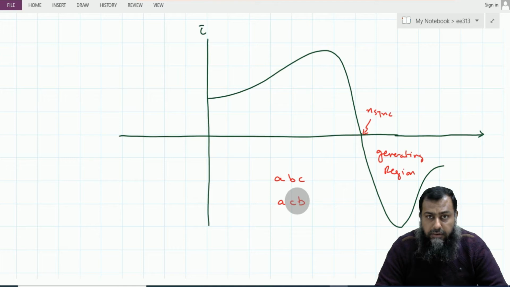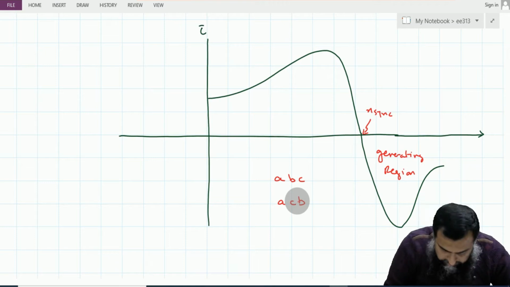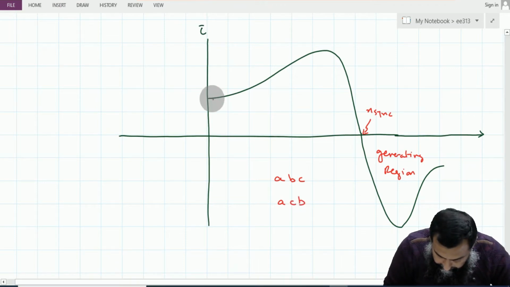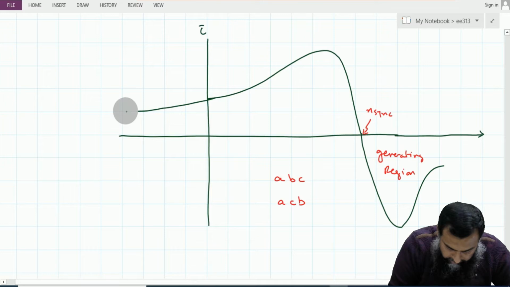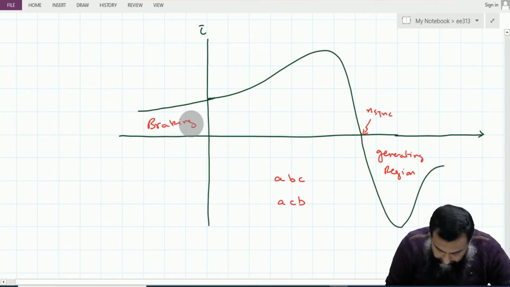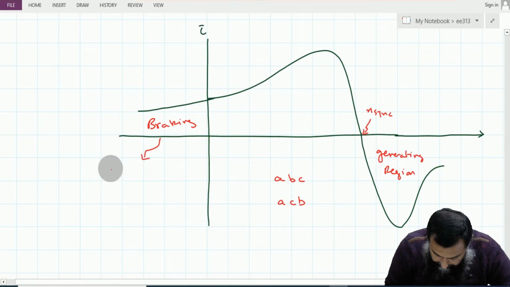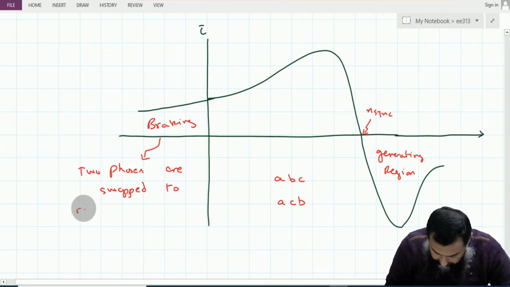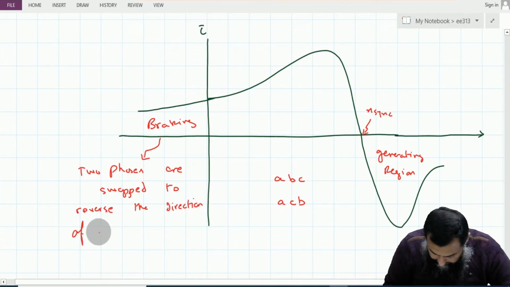This is an important factor that is used to brake the motor, and is called the braking of the motor. So this is the braking region here. In this braking region, two phases are swapped to reverse the direction of the electric field.